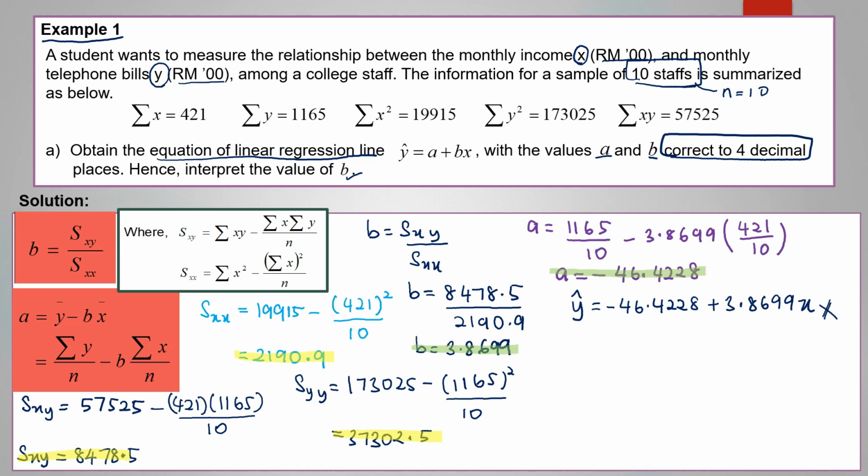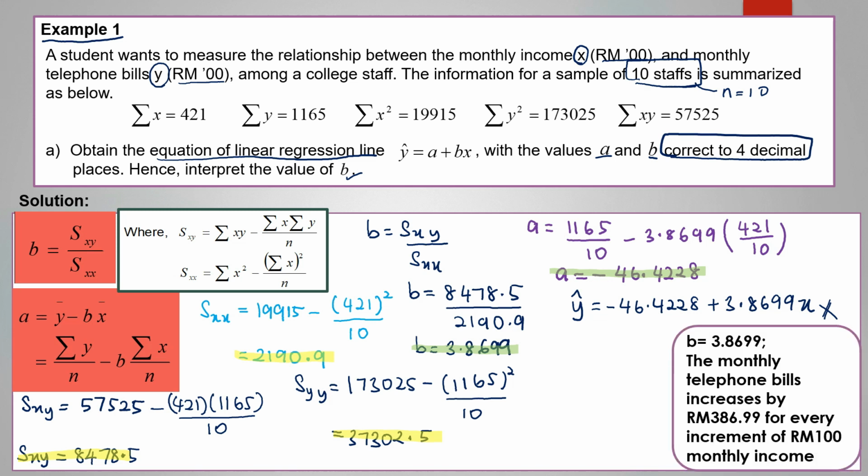Okay? And then after that, we need to interpret the value of b. So the interpretation of b would be, since b is equal to 3.8699, the monthly telephone bills increase by 386.99 for every increment of 100 ringgit monthly income.